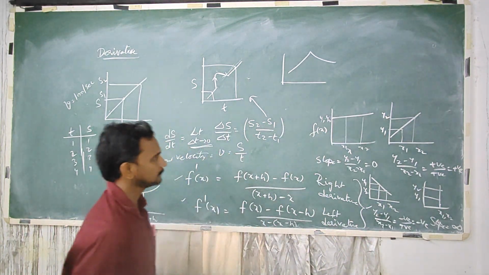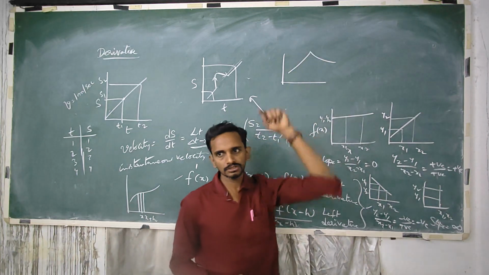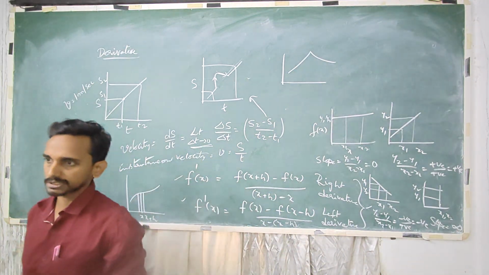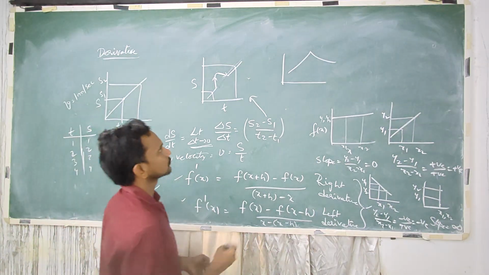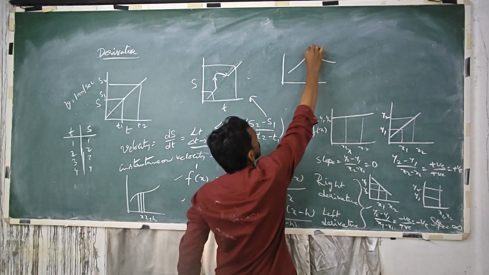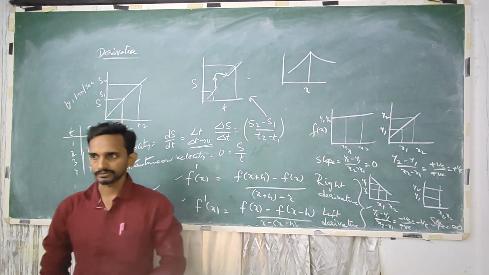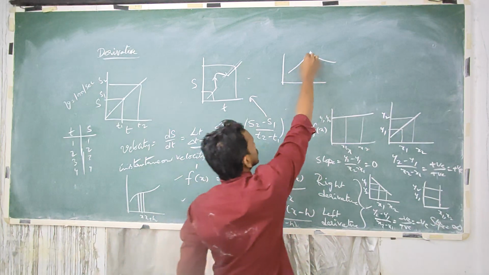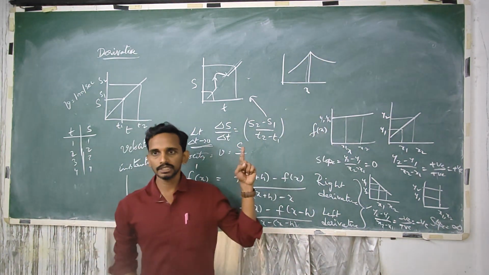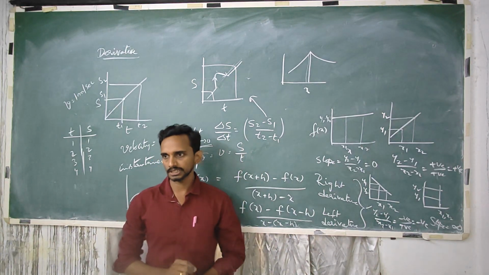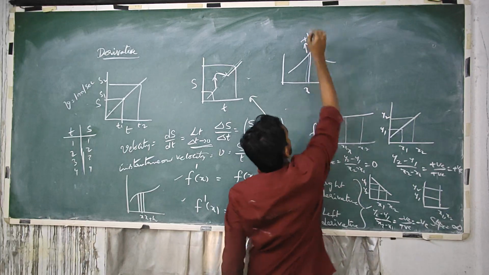So now, a curve is said to be continuous if left derivative is equal to right derivative. Okay, that means what? Let's say at some point, calculate the left derivative. What is the left derivative? On the left side of that point, the curve is rising up. So here the slope is positive.